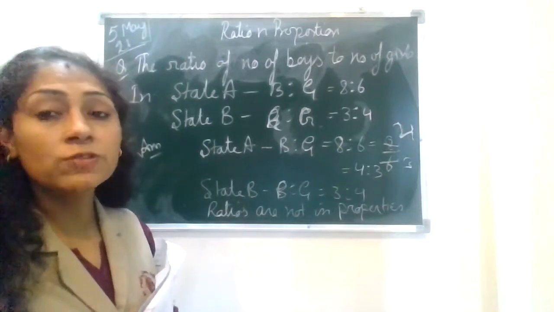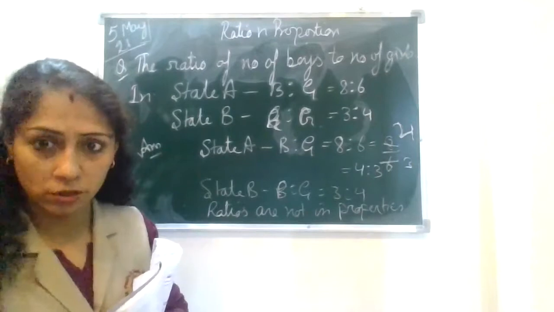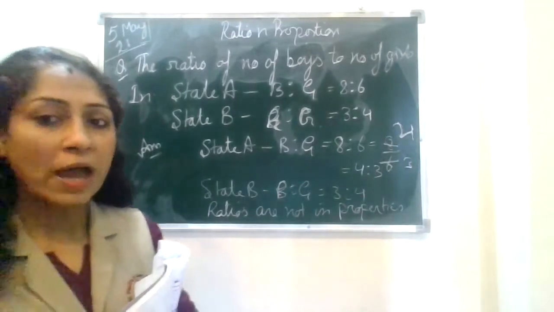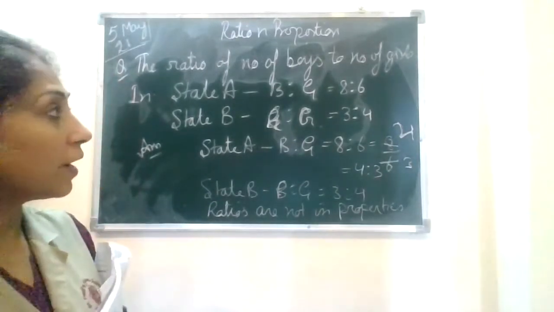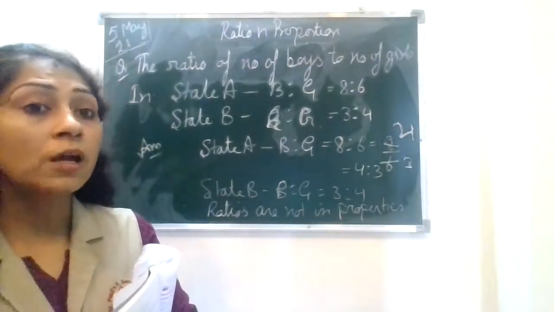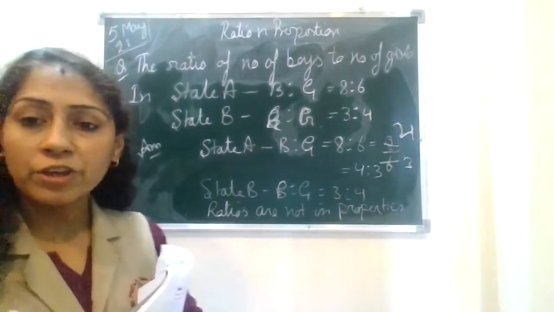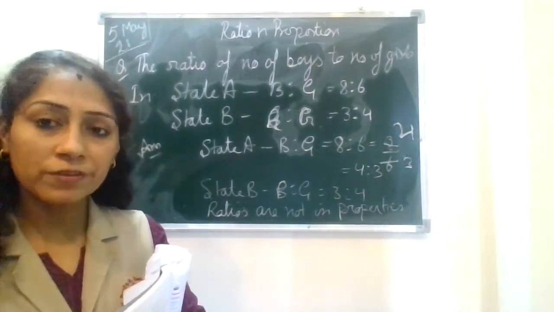And then they ask you to support your answer with certain statements on the basis of your research work. Why is it happening? Why is there a gender bias in some states? Generally, I'm telling you, it's a gender bias kind of system.